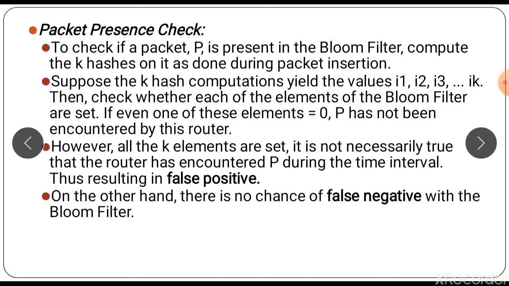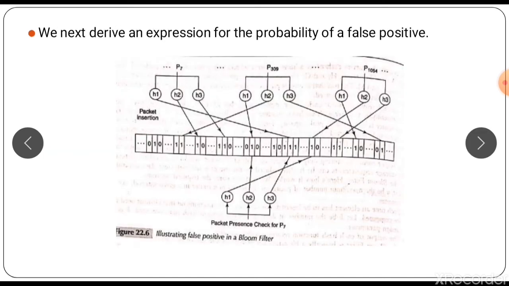Now we will see this with the help of an example. Here you can see how a false positive may occur. A router is presented with a packet called P7 and it is being asked whether it has encountered this packet.